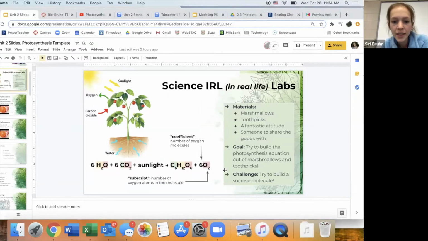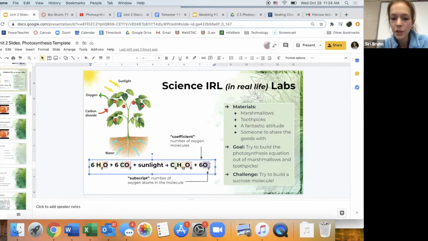You can see the subscript, the number after the big letter, that says how many atoms there are in a molecule of oxygen gas. So in the molecule, there's 2. But this number in front of the molecule is called a coefficient. You don't need to know that. But that number says how many of the oxygen gas molecules do we have in this equation.